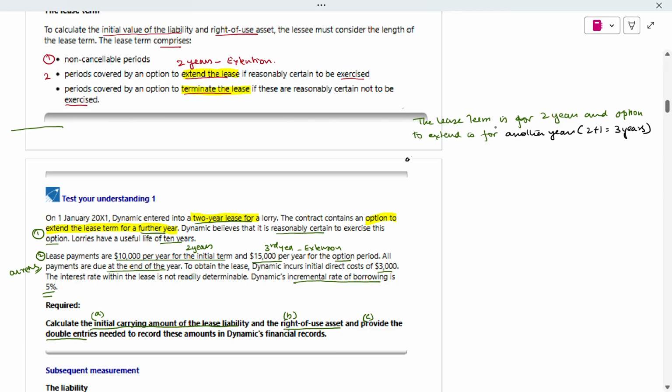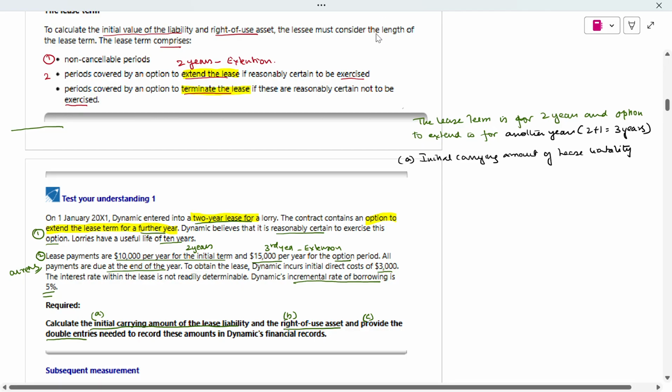Okay, the first one, what is the initial? First one is the initial carrying amount of lease liability. We have to take into consideration how it will work. If that is the case, how much is the initial carrying amount?